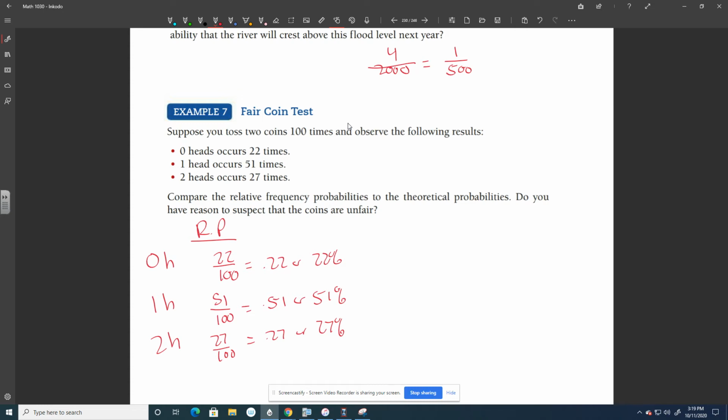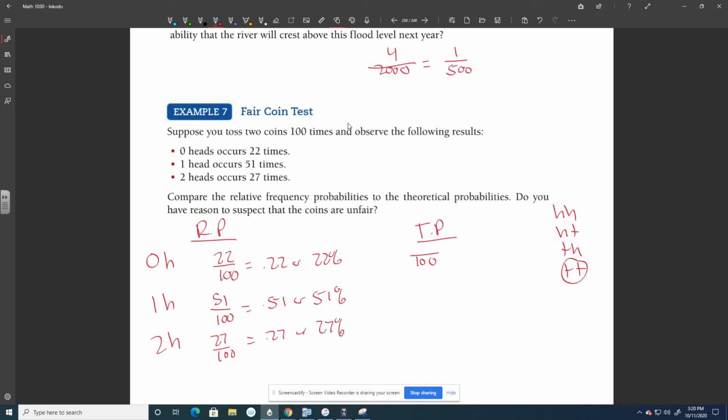Now, if I compare this to what I would expect to happen, so the theoretical probability, if I flip a coin 100 times, now this is where we don't even need to write it out of 100 times. We can say, all right, if I flip 2 coins, theoretically, remember, I can get heads, heads, heads, tails, tails, heads, or tails, tails.